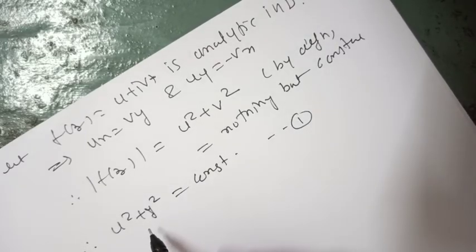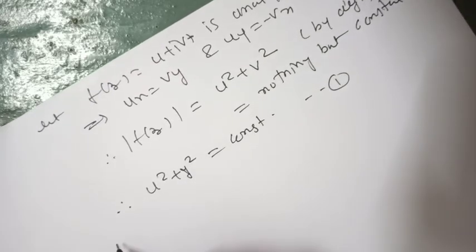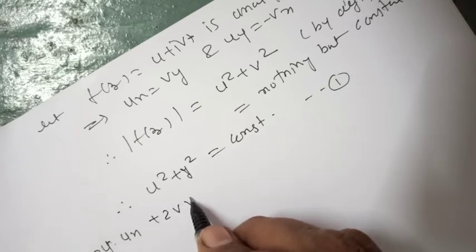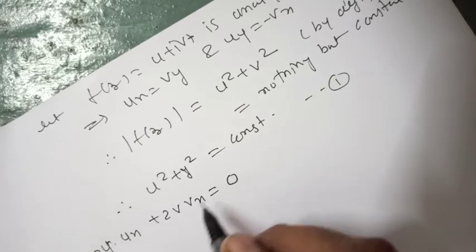Differentiating with respect to x partially, we get twice u into ux plus twice v into vx equals 0.